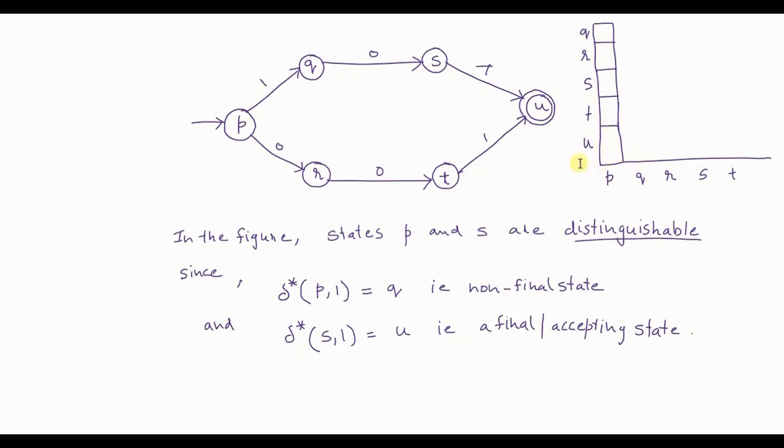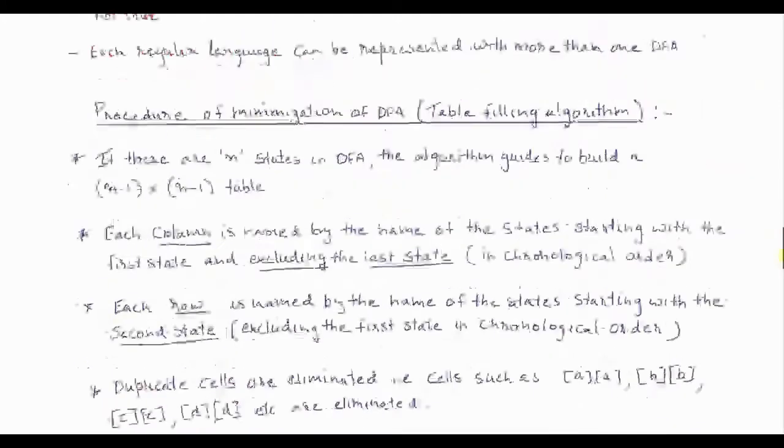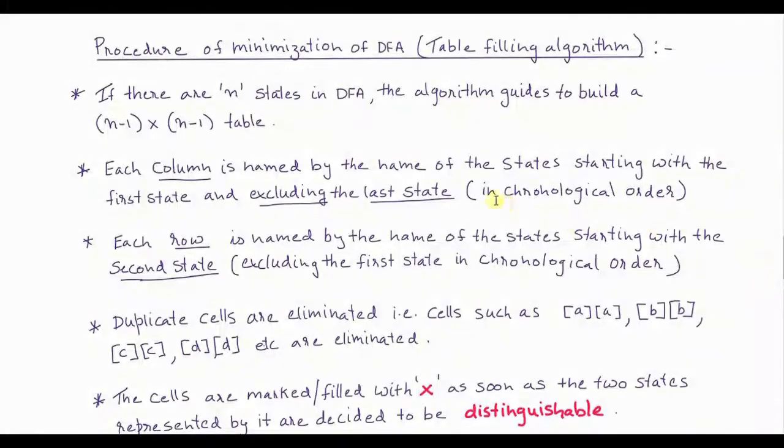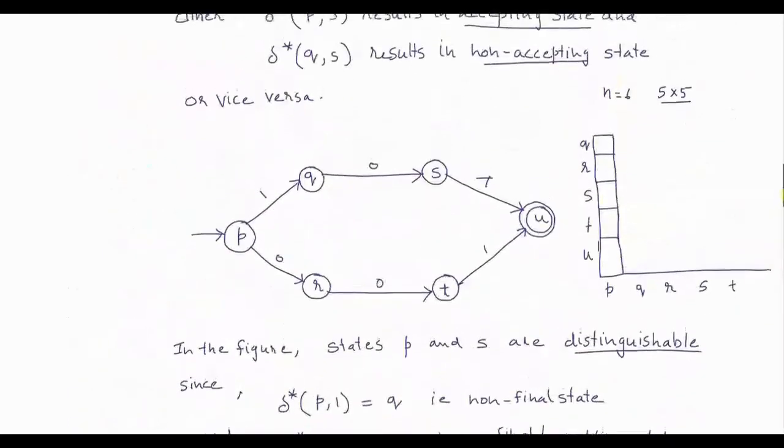But the next point here is very important. We have just constructed the columns and rows. The next point says duplicate cells are eliminated. Cells such as a comma a, b comma b, c comma c, d comma d are eliminated. So in this diagram, if you look at the next cell here, it will be q comma q.